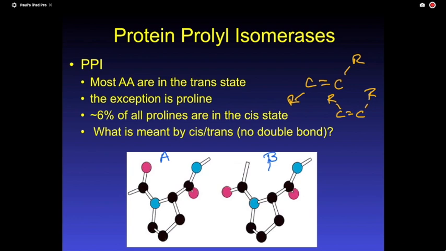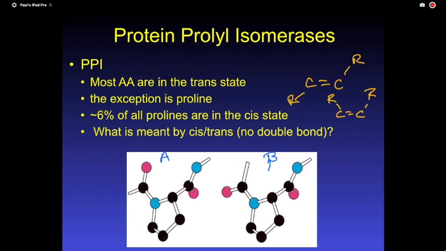Who thinks the trans is A? Okay. Who thinks the trans is beta? All right. The trans is A. And the cis is beta. Okay, so how? Why? That is the question.